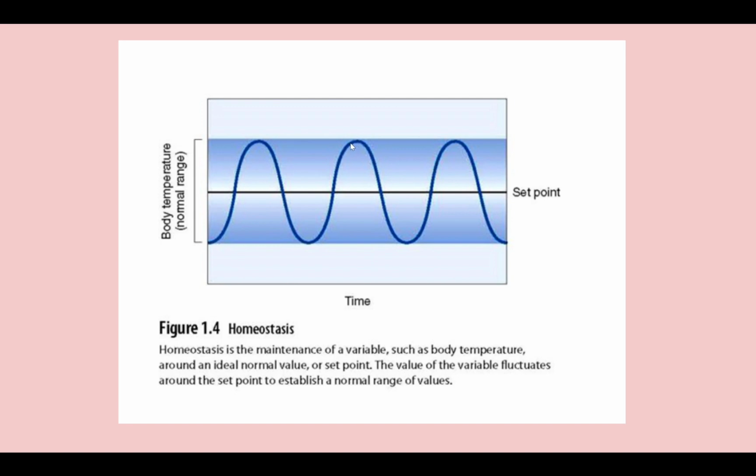Your control center, your brain, will tell your sweat glands to start producing sweat because the water, as it evaporates from your body, will take the heat with it and cool you off. If you ever touch part of your body that's sweating, it's cool to the touch because the water is evaporating and taking the heat until your body temperature goes back to the normal set point.